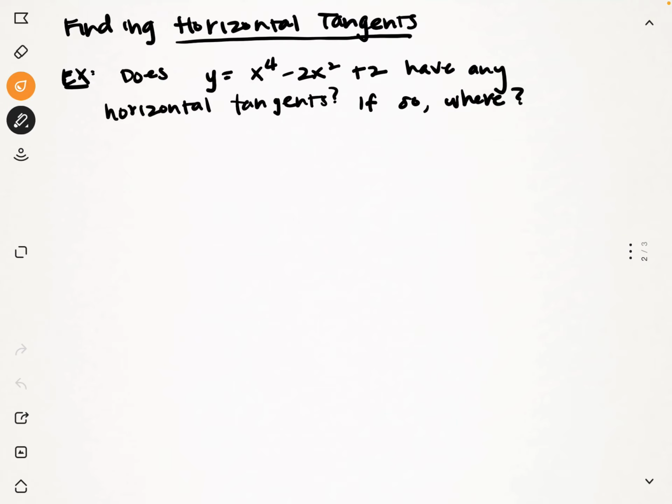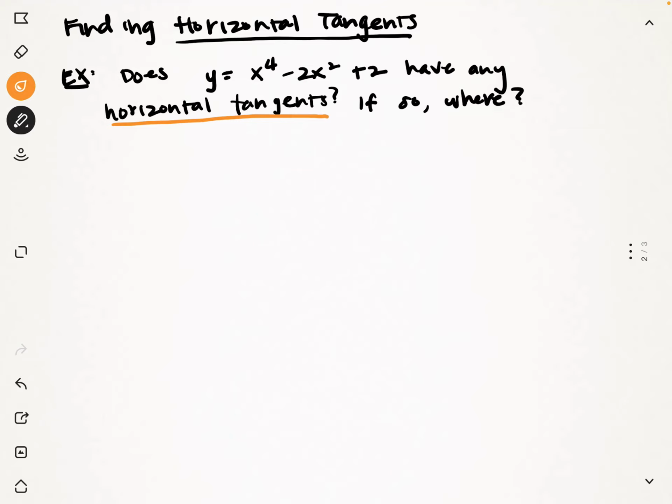Okay, next one. Finding horizontal tangents. It's asking us, does y equals x to the fourth minus 2x squared plus 2 have any horizontal tangents? If so, where? Okay, so horizontal tangents. Remember the slope of a horizontal line is 0.